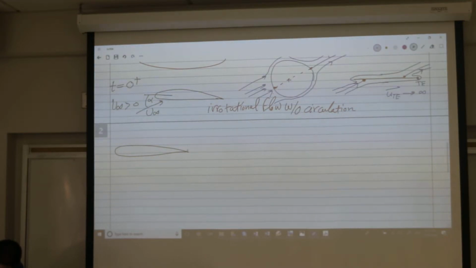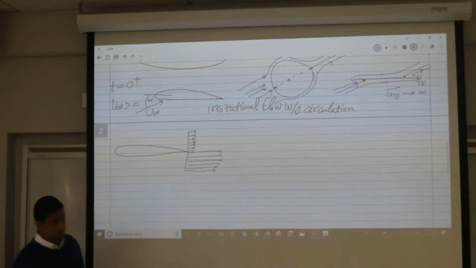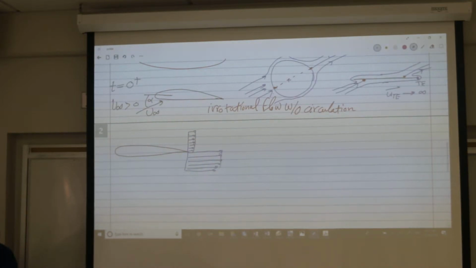Without circulation, you have some velocity distribution here. It's not very large. But down there, the flow velocity is very large because it will rotate at the edge. It goes actually to infinity, ideally, theoretically speaking. Now your homework problem was exactly about this, right?